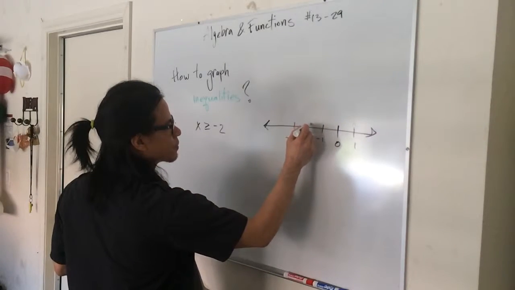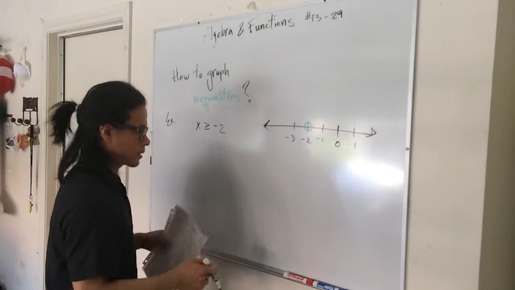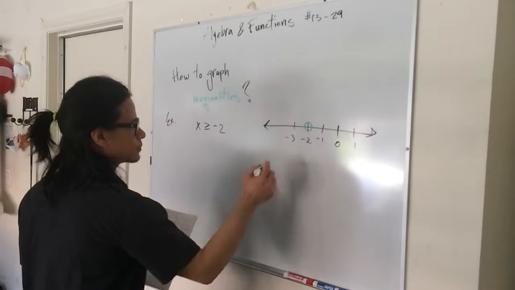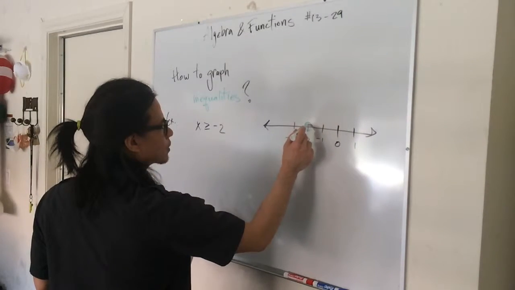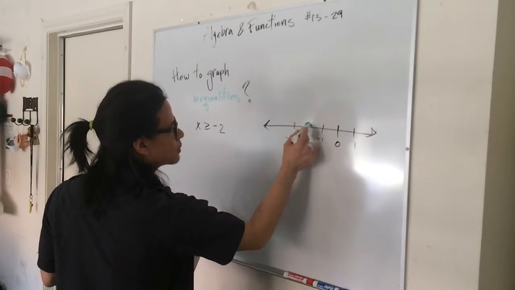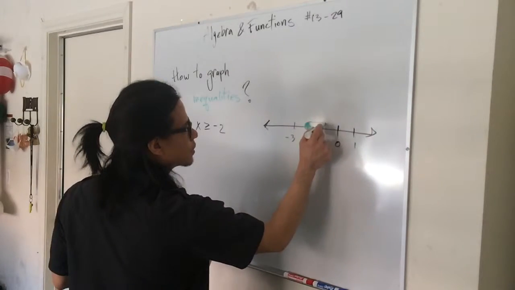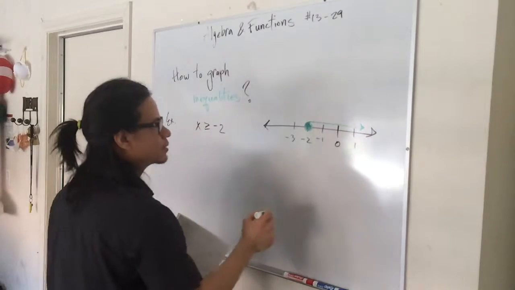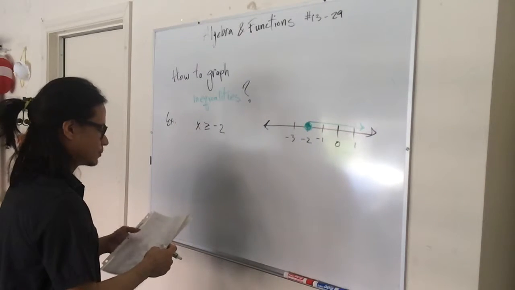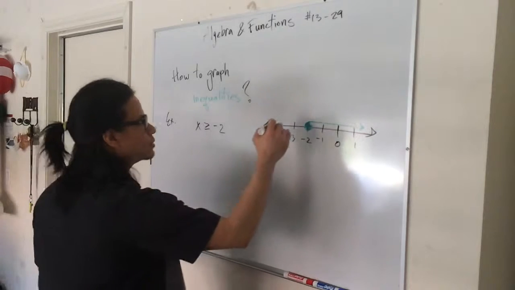So let's make a circle there, and let's fill in the circle, make it a solid circle. Greater is to the right. Okay. So this is what we call a closed circle.